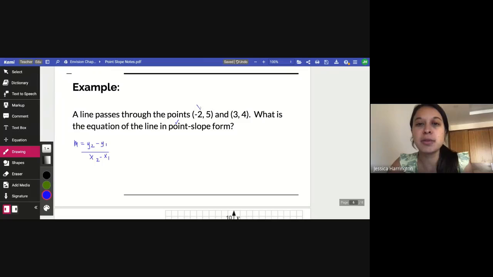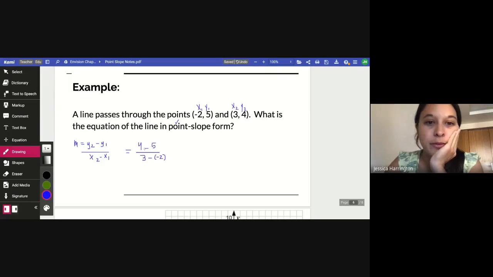I'm going to label this x1, label this y1, label this x2, label this y2. So let's find the slope. y2 is 4. Take away y1 is 5. Over x2 is 3. Take away negative 2. So minus, put my negative 2 in parentheses so I don't mess that up.